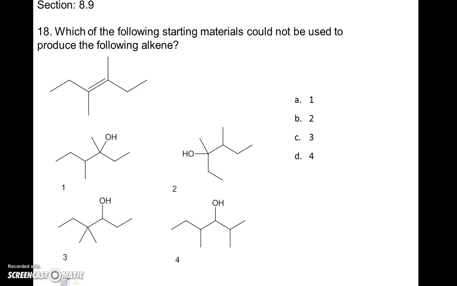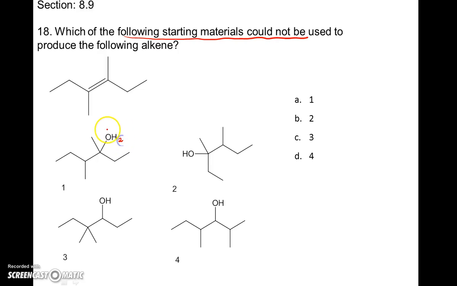Now, to determine which of the following starting materials could not be used to produce the following alkene, you have to consider the different carbocations that will form after the loss of the hydroxide.